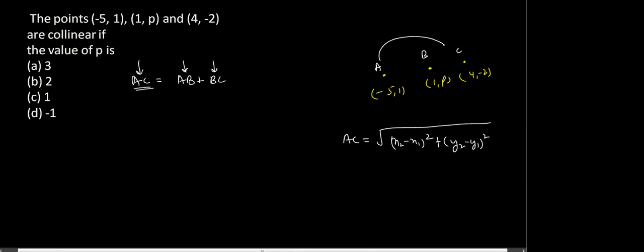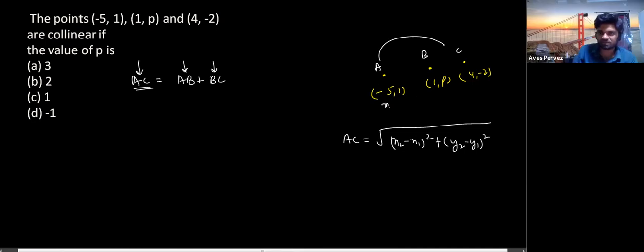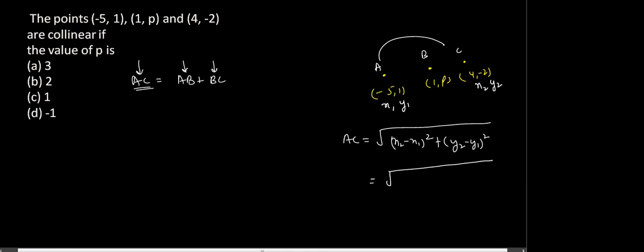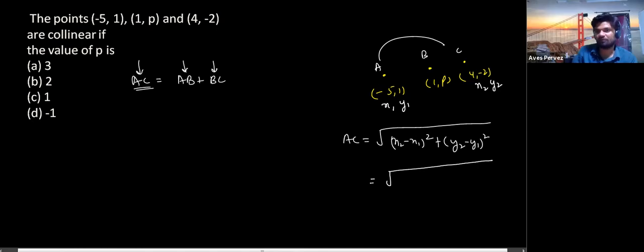-5. Okay, if you are considering this one as x1, so this would be y1, and this would be x2 and this will be y2. So we'll write here under root of, we have 4, so this is x2 minus x1, means 4 minus -5. This minus is from the formula, and -5 is why we are writing 5, because the coordinate of x1 is -5.